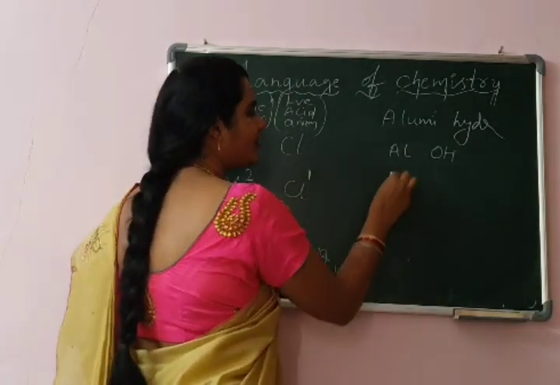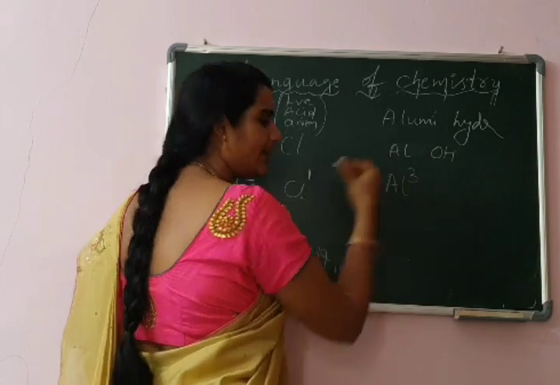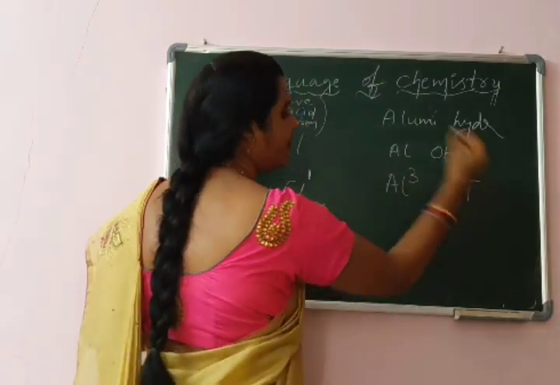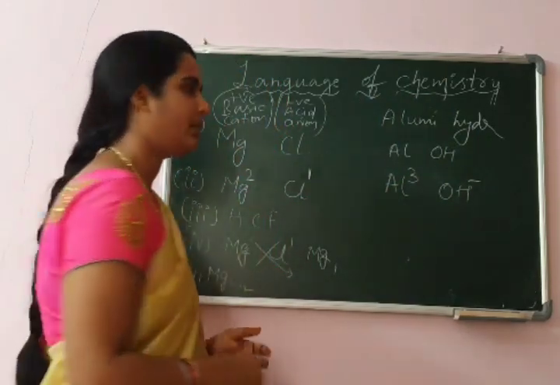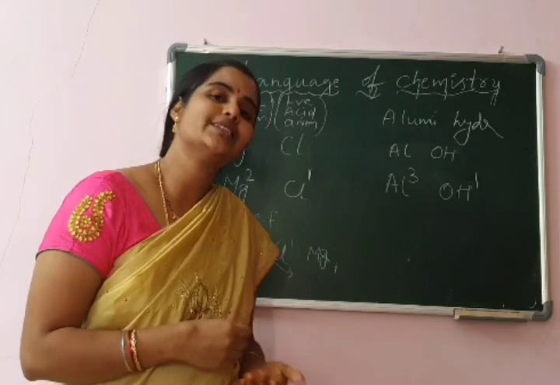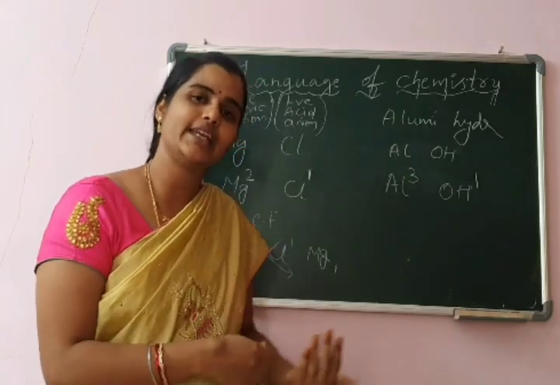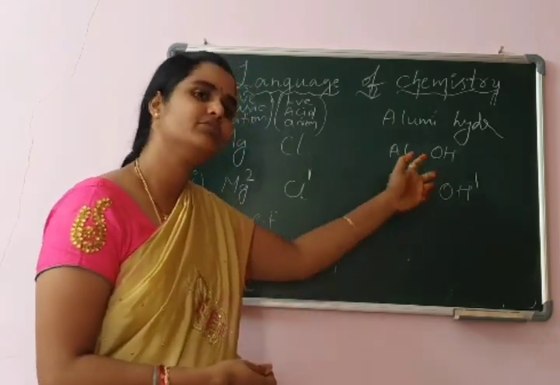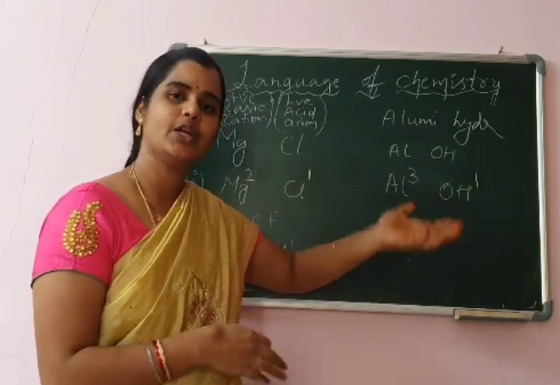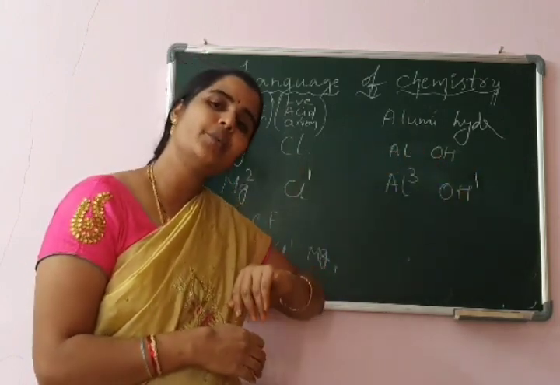What is the valency of aluminium? It is 3 plus, and hydroxide, OH, is minus 1. I told you, you have to ignore the charges, positive or negative. So aluminium 3, hydroxide 1. What is the next step? You have to divide with the highest common factor.